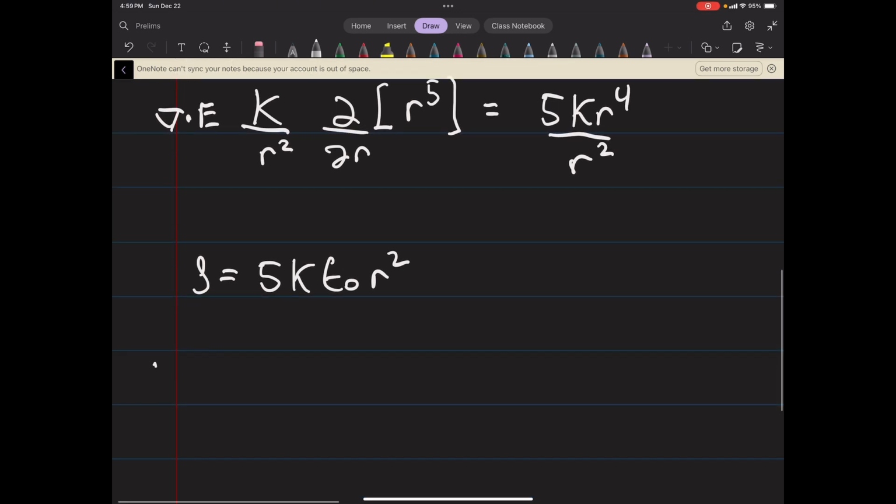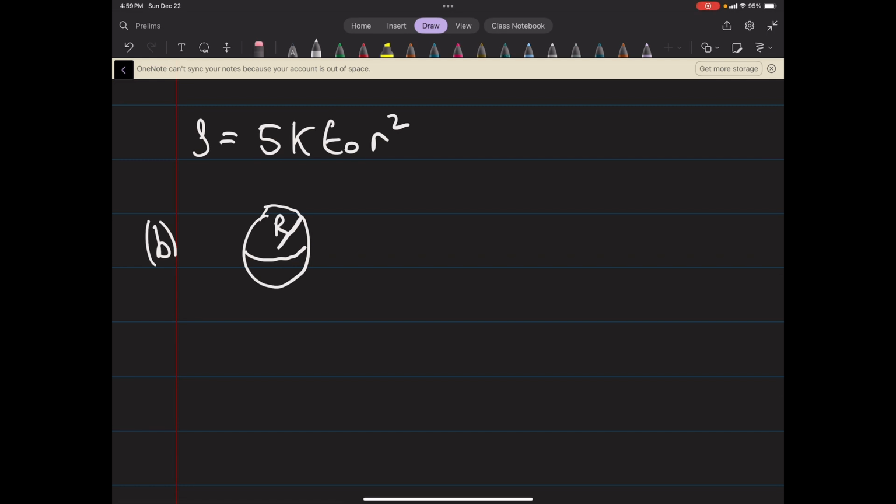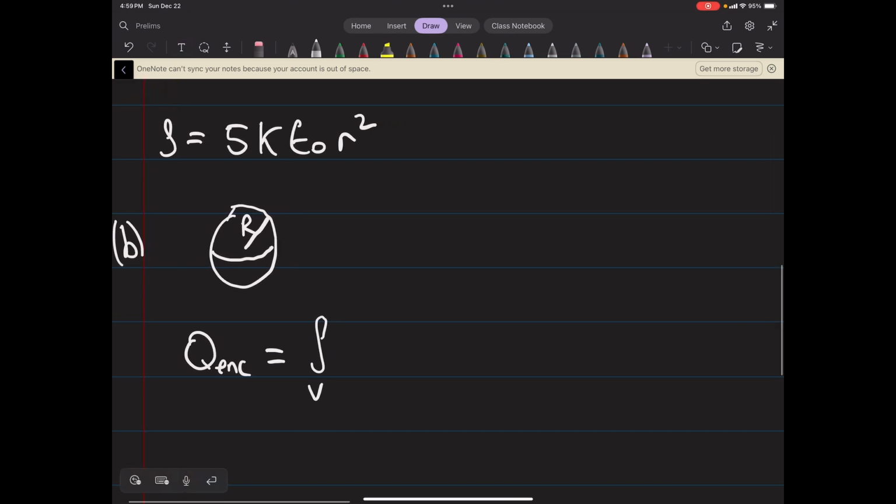So now we move on to B. So essentially we're going to have a sphere, it's not a very good sphere, of radius r, centered at the origin, and we want to find the enclosed charge. So there's a few ways you can do this. One of the equations in the book that we have is that the enclosed charge Q is equal to the volume integral of your charge density times d tau.